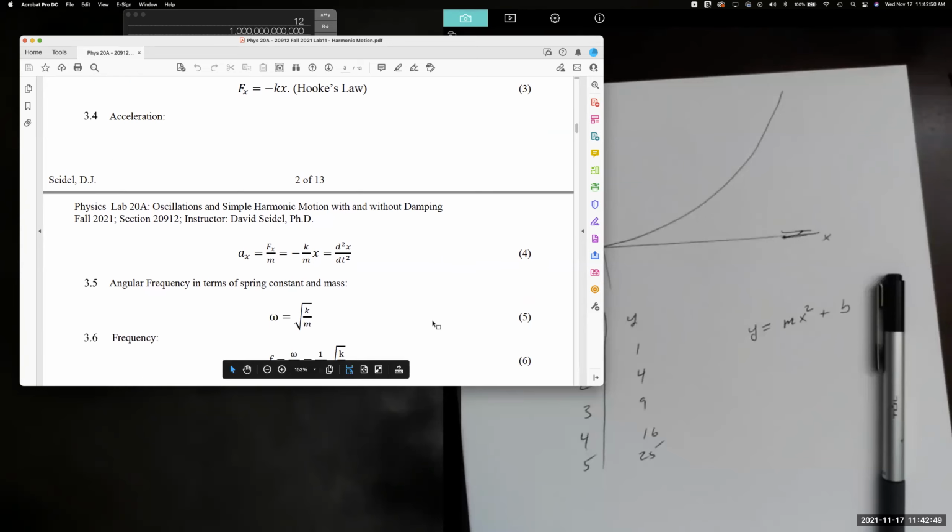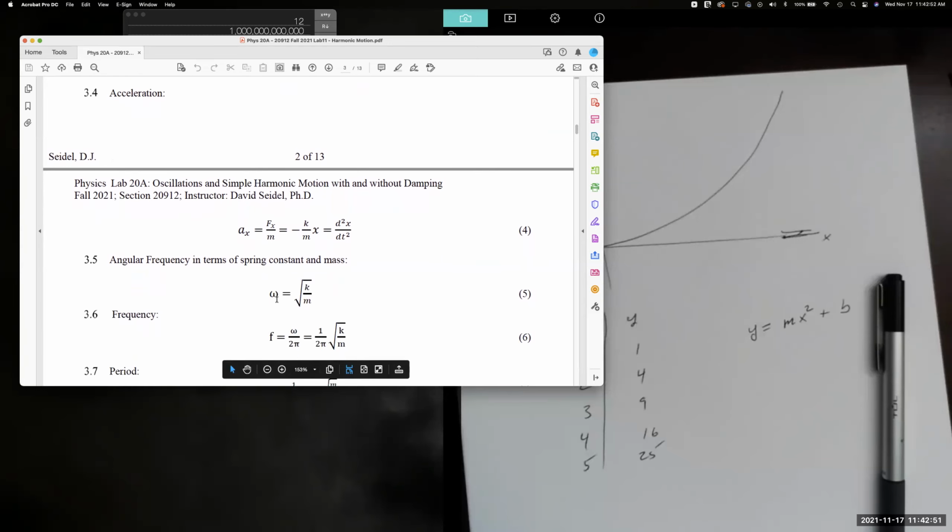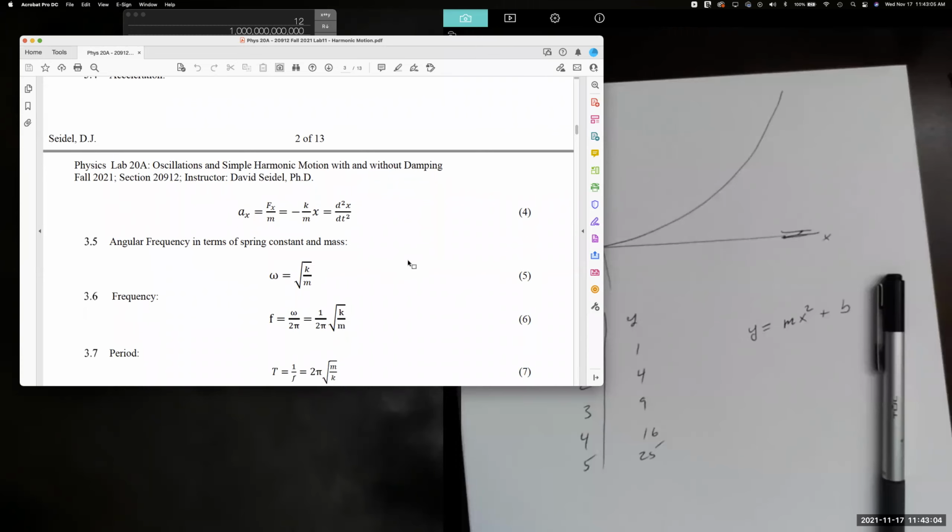And as we've shown before, our angular frequency omega is just the square root of k over m. So a_x is minus omega squared x. Now, we could have an amplitude. This is all if, okay.